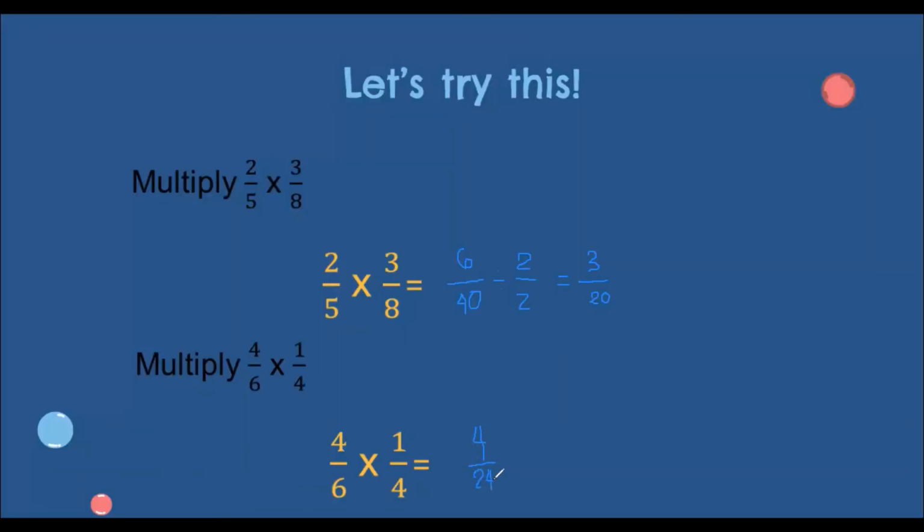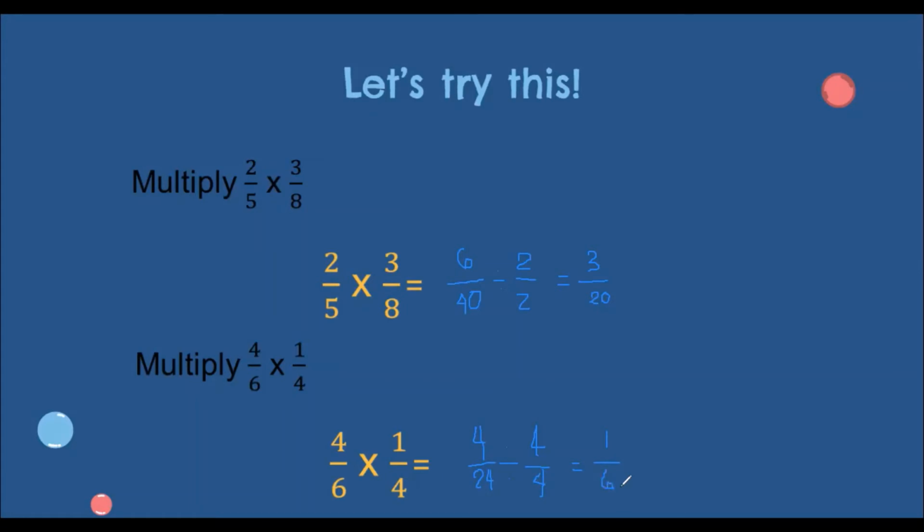Okay, now look at your answer. Can we still simplify 4 over 24? Is there a number that can divide 4 and 24? The answer is yes. We can divide 4 and 24 by 4. So, 4 divided by 4, the answer is 1. And 24 divided by 4 is 6.